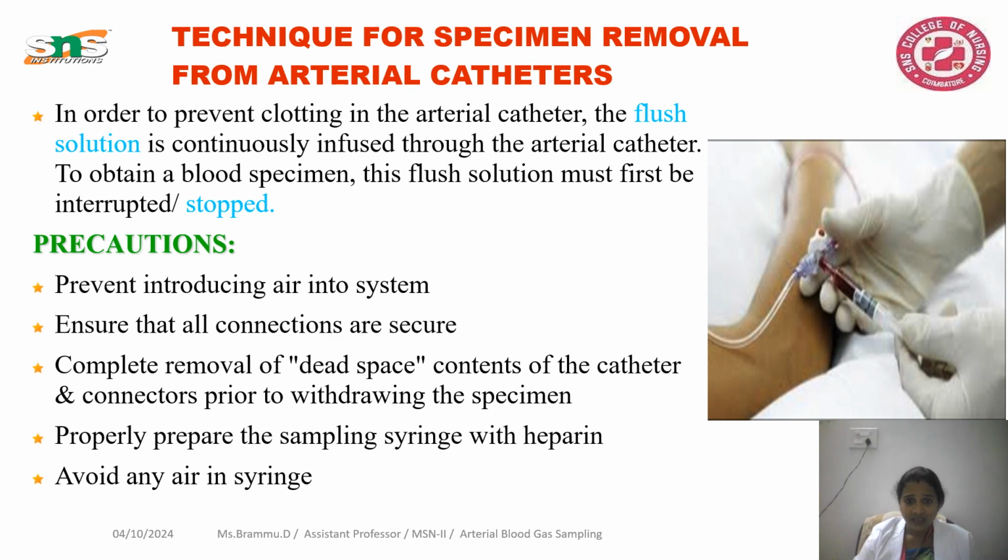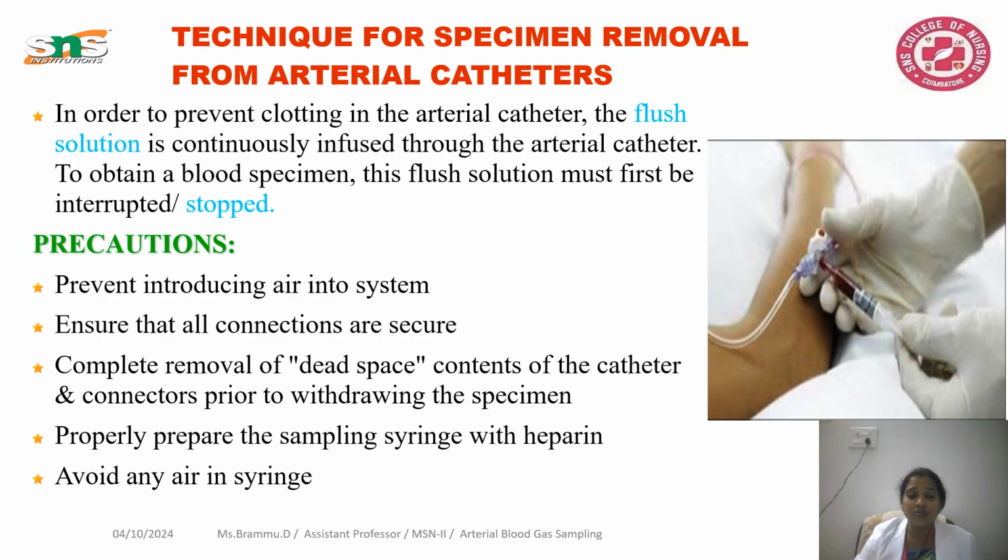So see that the flush solution is either stopped, or we remove around 3 to 5 ml of discard blood, and then we take the fresh sample. Another important point to keep in mind is that whenever you draw the sample, there should not be any air in the heparinized syringe, and from the dead space there should not be any air bubbles entering the system.